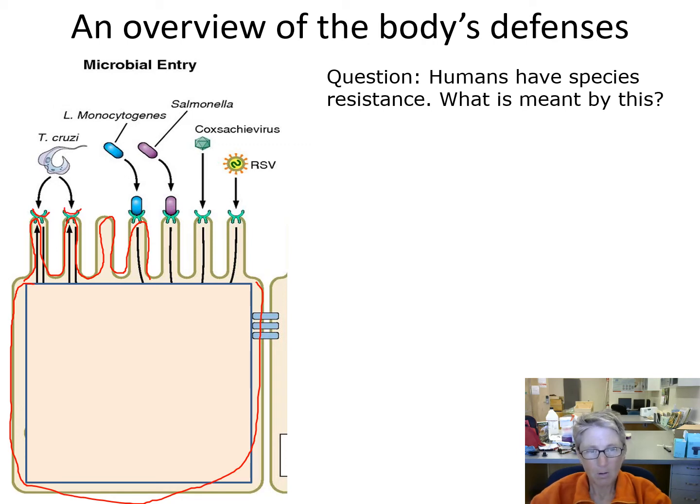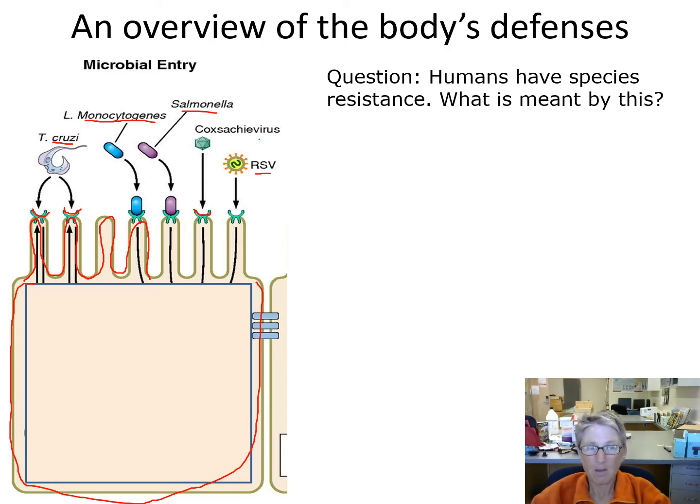And in the cartoon, it shows that some of these guys, T. cruzi, Listeria monocytogenes, Salmonella, this virus, if they have some molecule that can react with the receptor on our cells, then they will be able to attack our cells.